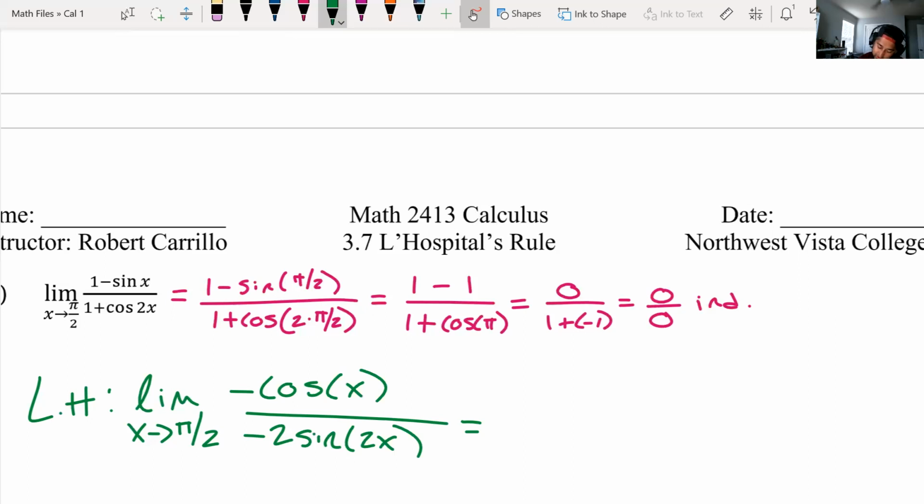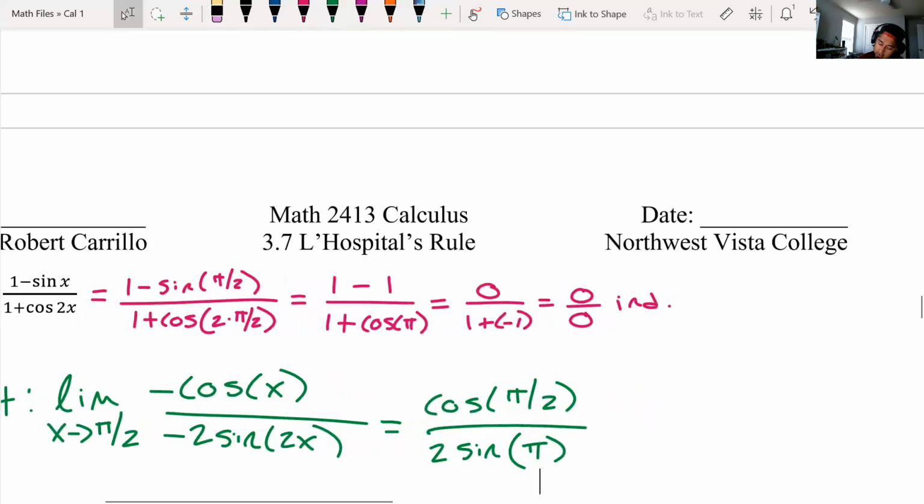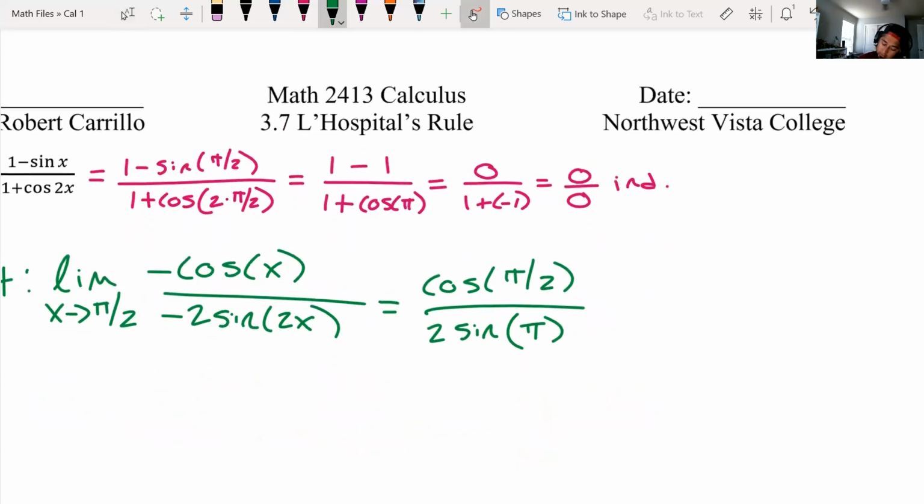Plug it in and you'll get cosine of pi over 2 over 2 sine, and 2 times pi over 2 is pi, right? And unfortunately, cosine at pi over 2 is what?